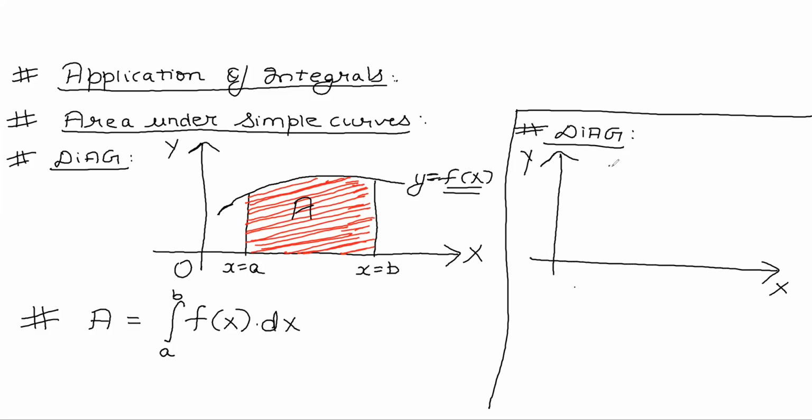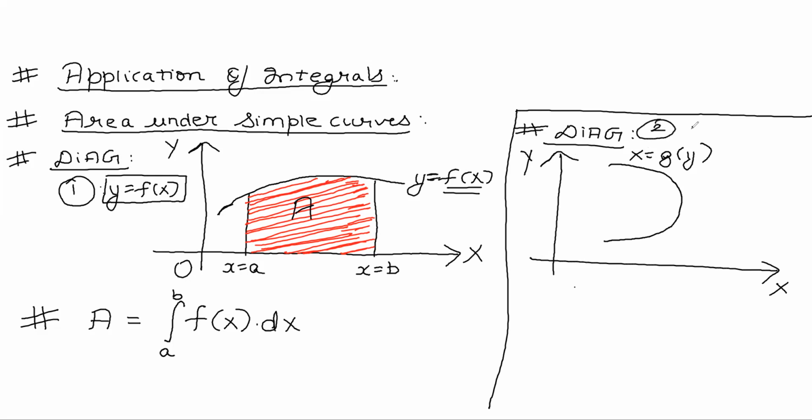And suppose we have a function like this, and this is x as a function of y. The first case was where y is a function of x. This is the second case where x is a function of y.